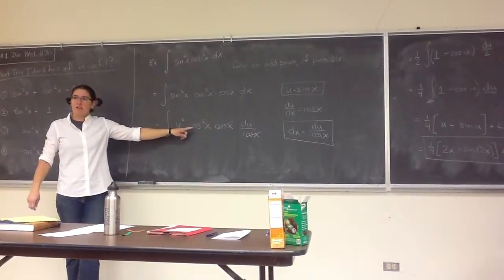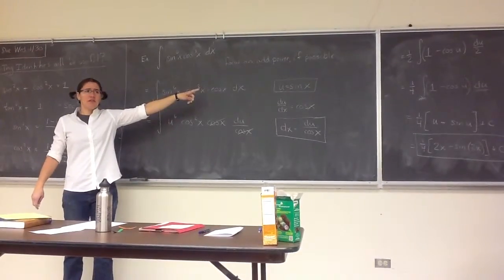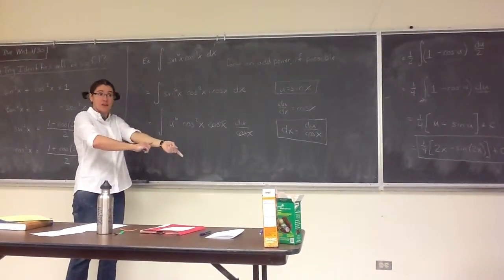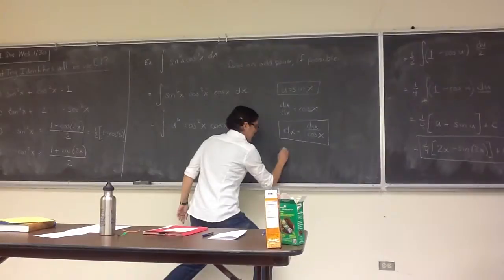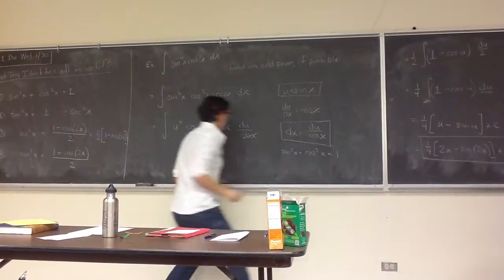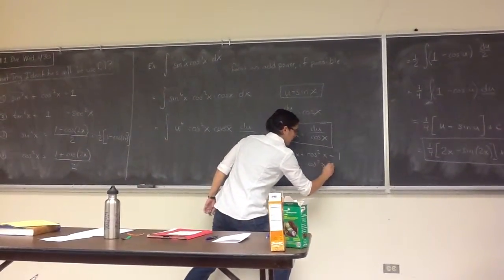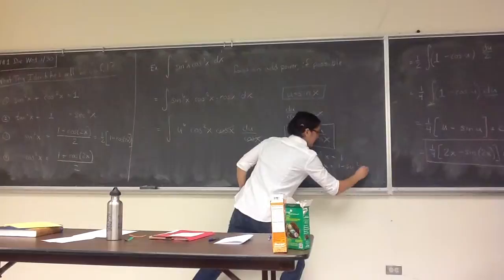And if I have an even number of cosines, and my u is sine, I can use that identity tattooed on my arm right here: sine squared x plus cosine squared x equals 1. So that means that cosine squared x must be 1 minus sine squared x.